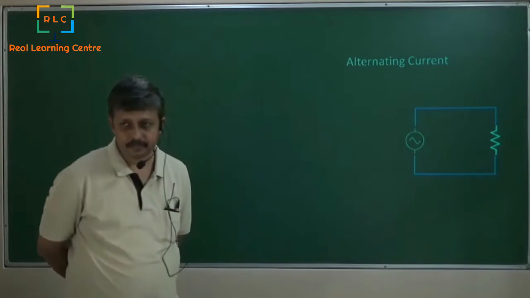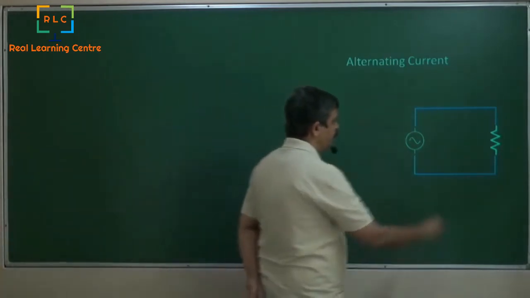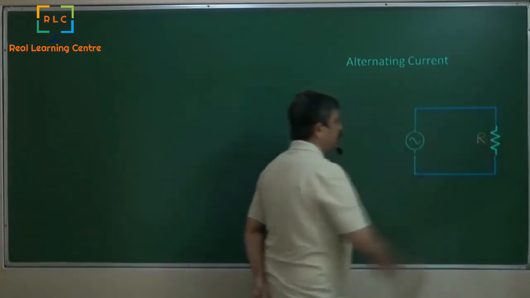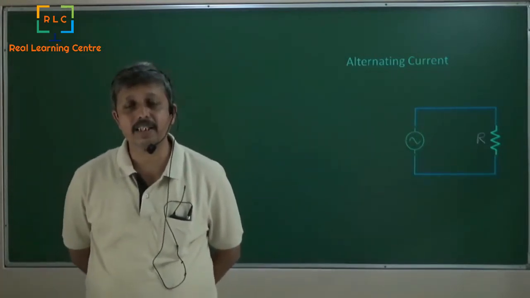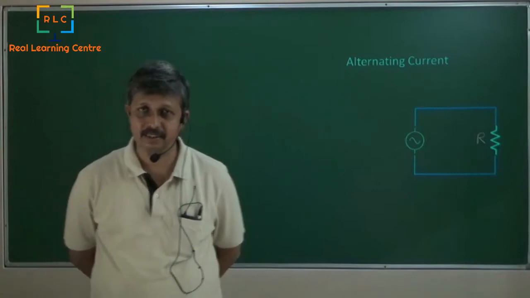So we start with the resistor. A resistor is not greatly affected by whether you use alternating current or direct current, DC.